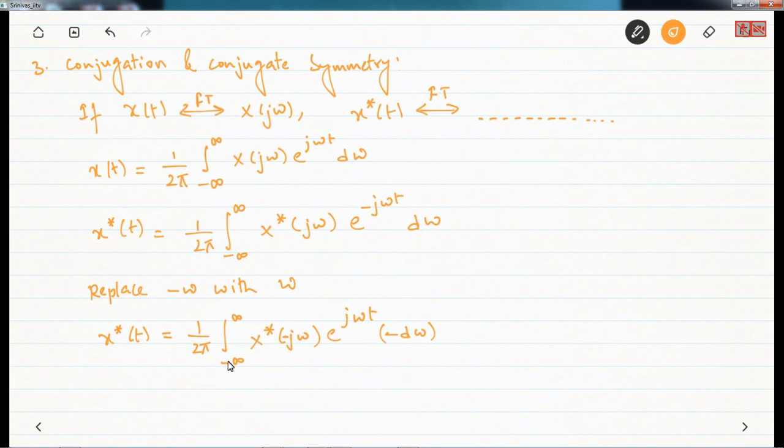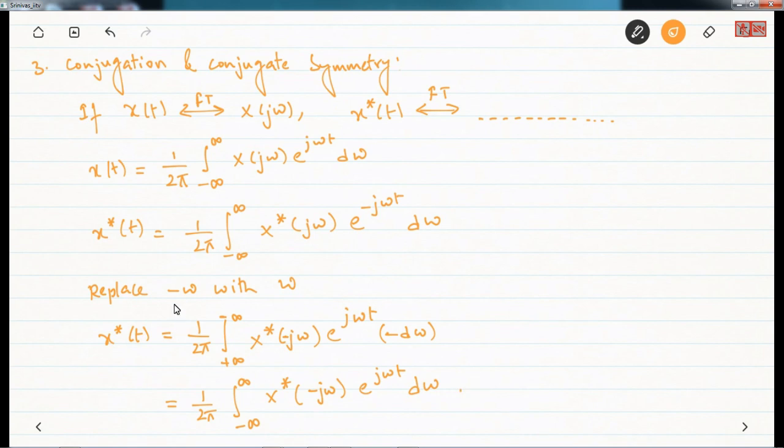Here it would be minus, here it would be plus, here it would be minus. So this minus will go away. For that minus to go away, we should have minus infinity to plus infinity, x conjugate of minus j omega e power j omega t d omega, right?